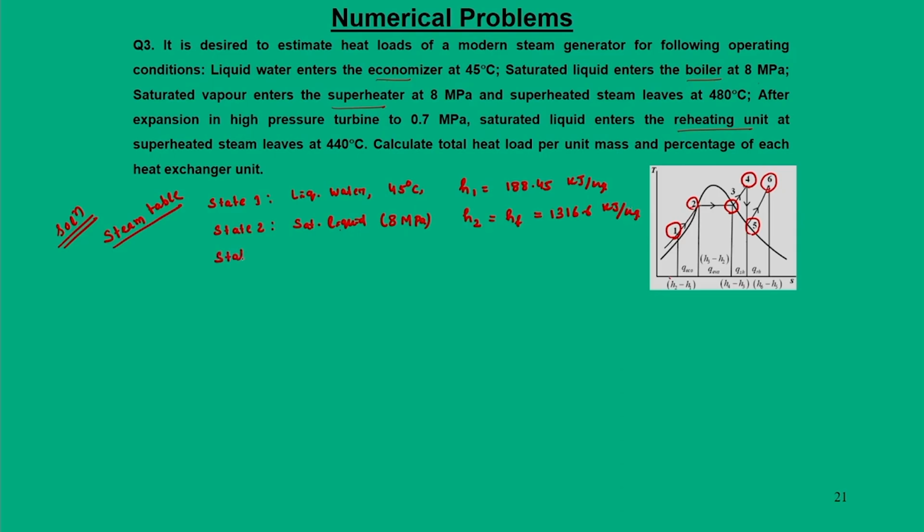State 3 is saturated vapor at again same pressure 8 megapascal. So, here it is latent heat of addition. So, H3 is equal to at same pressure we say Hg. Hg value is 2758 kilojoule per kg.